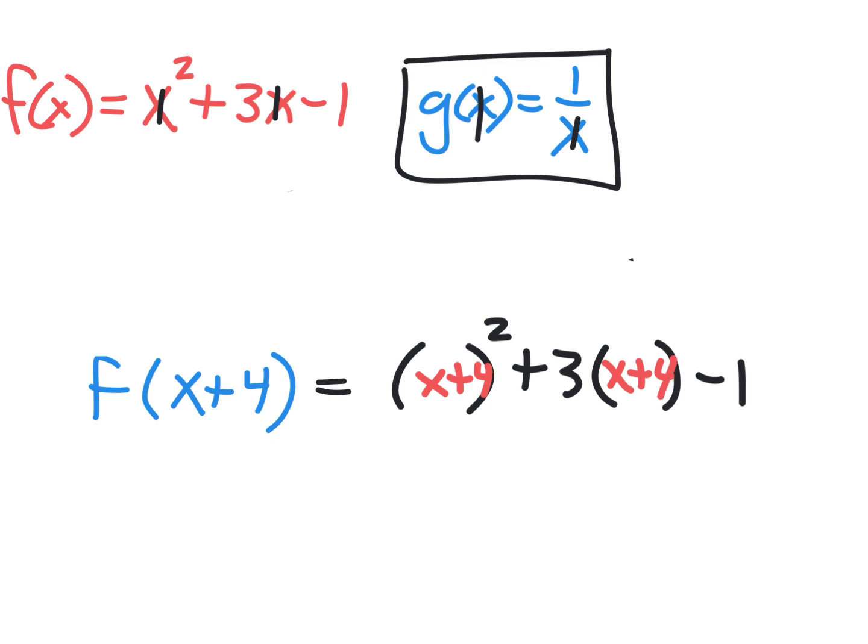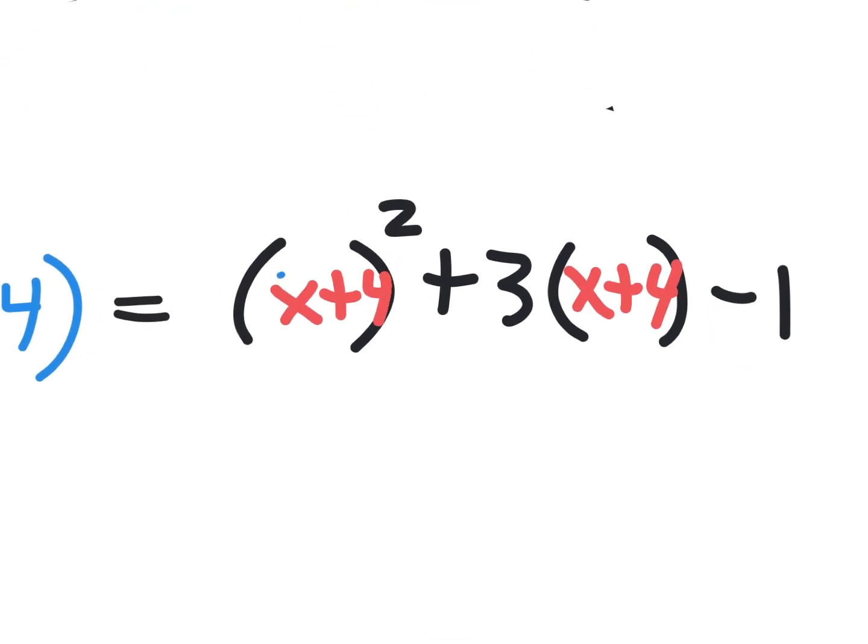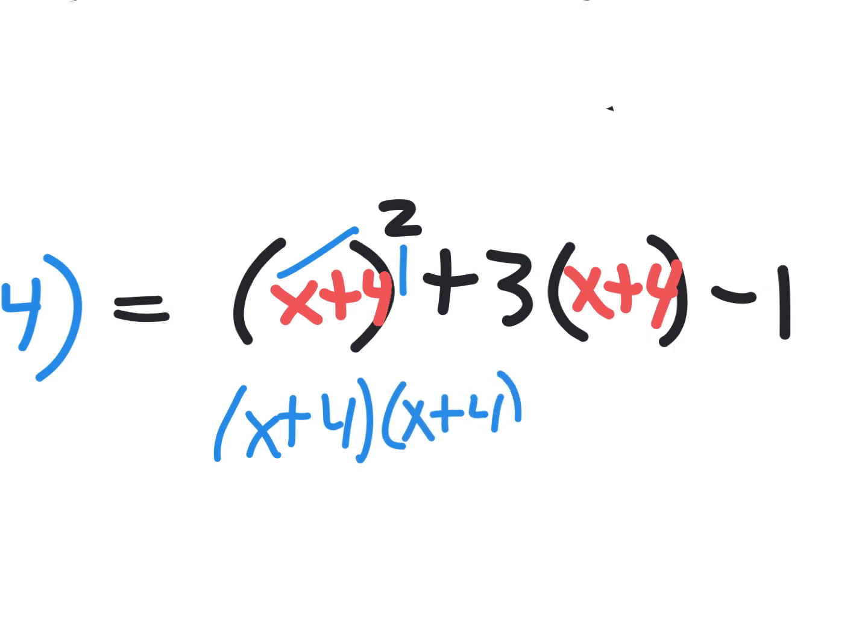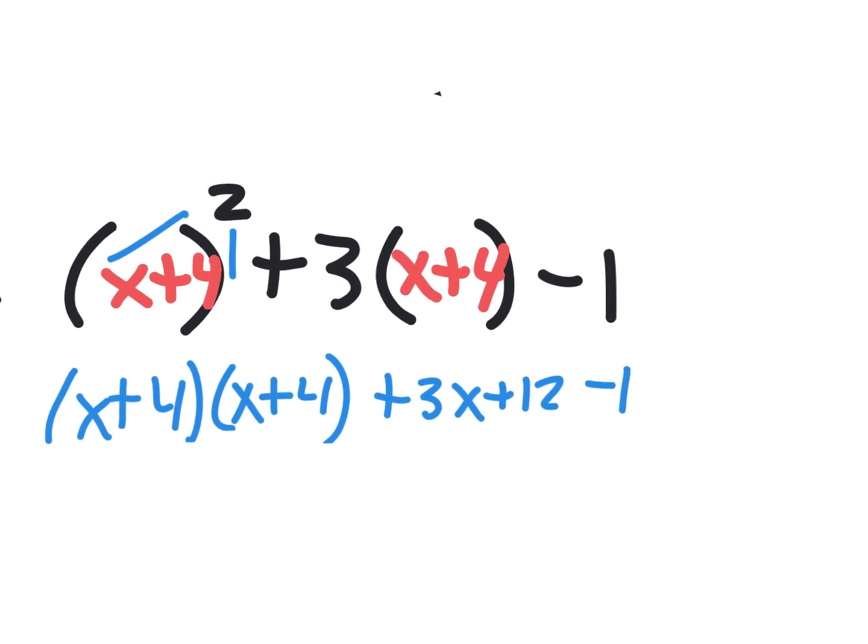And now here's a really critical oops. x squared plus 16. Nope. This is x plus 4 and another x plus 4. That's what squared means. Plus 3x minus 12, nope, plus 12, sorry, minus 1. That was me distributing out that. Now I'm going to distribute out this.